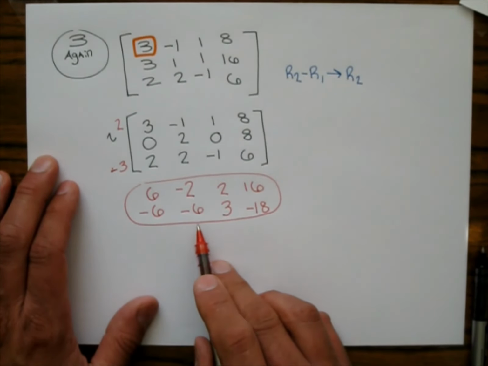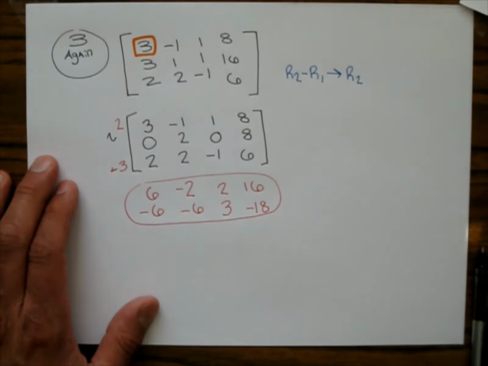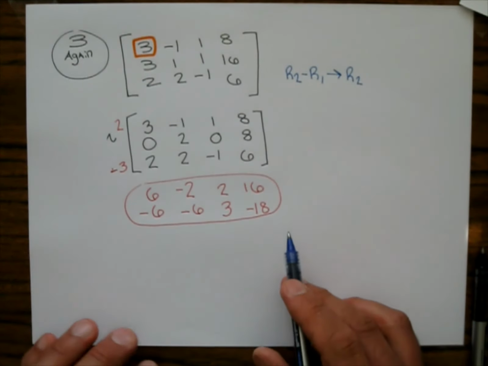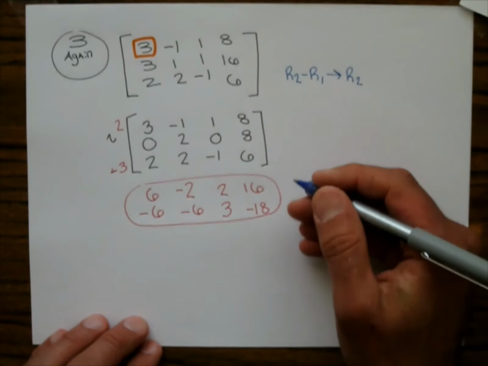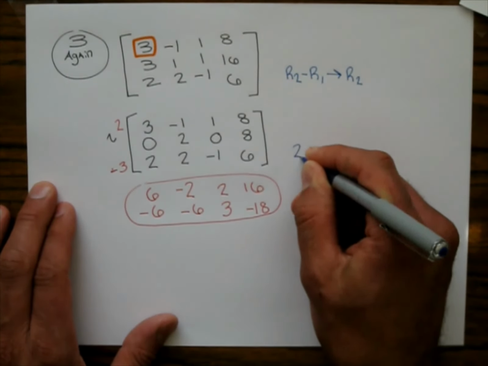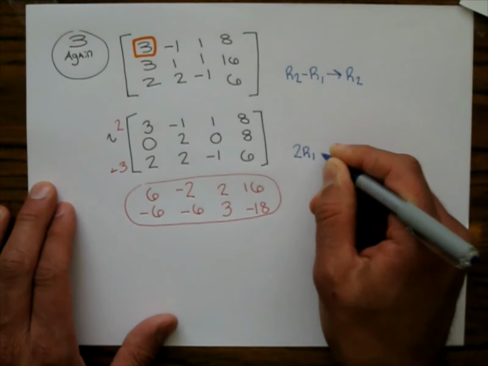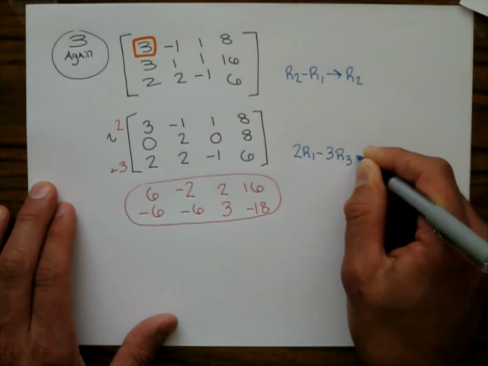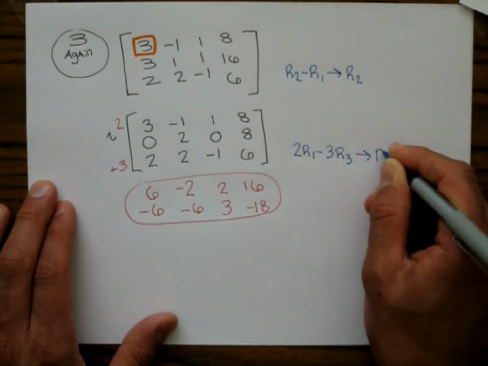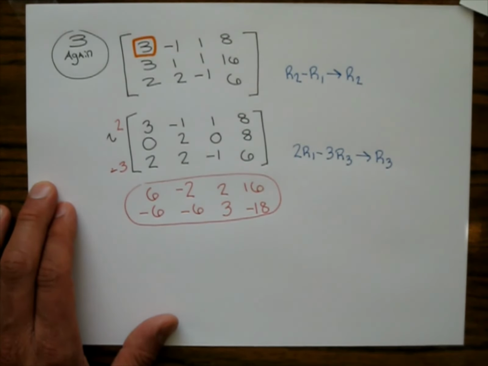That's going to become my new row 3. This is what we were referring to as a Joe operation. It's just doing a few elementary row operations in one step. So I'm going 2 times row 1 minus 3 times row 3. This gives me the new row 3. That is what I'm doing.